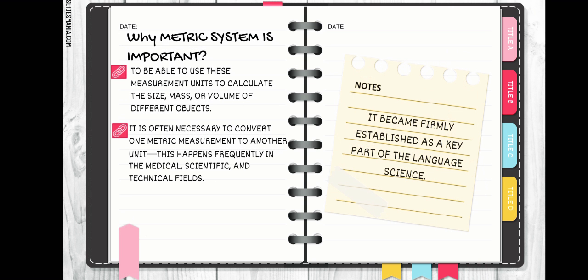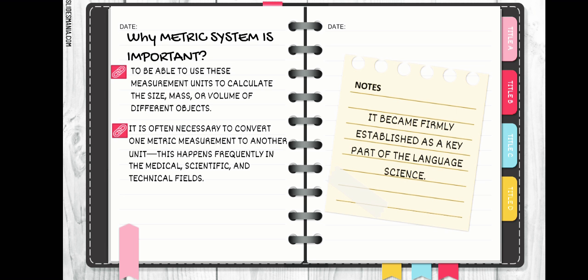So why is the metric system important? It is important because it enables us to use these measurement units to calculate the size, the mass, or volume of different objects.